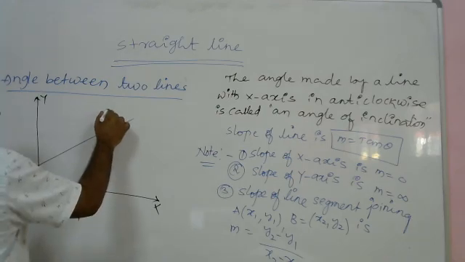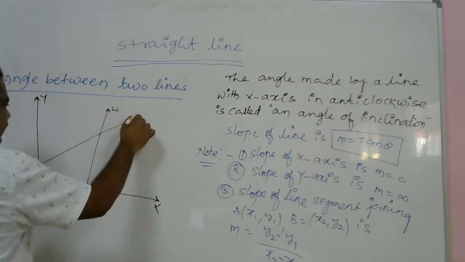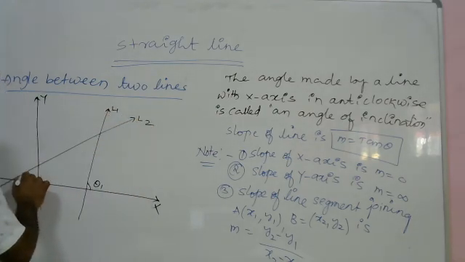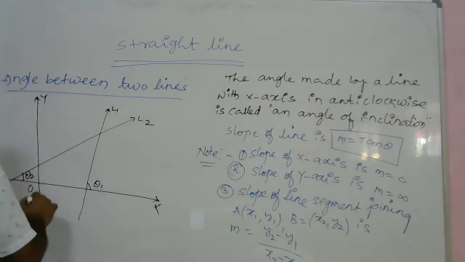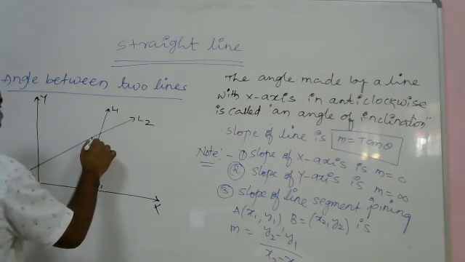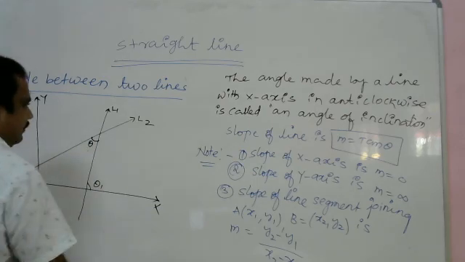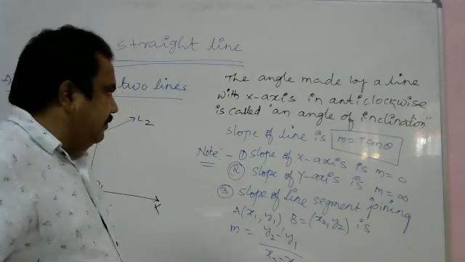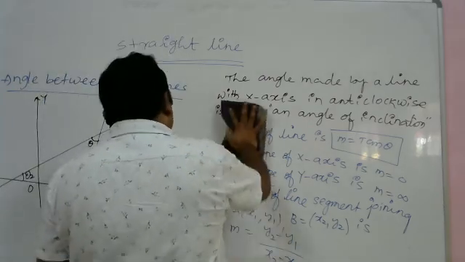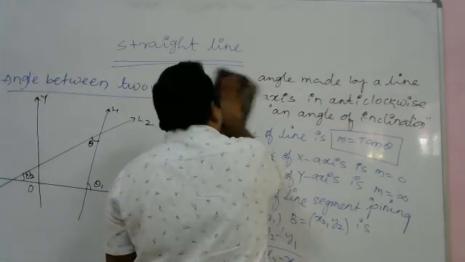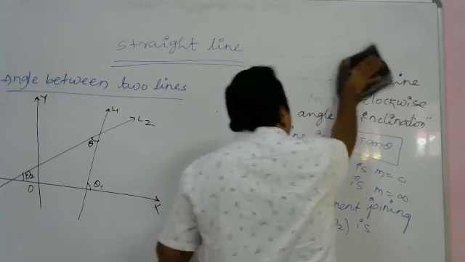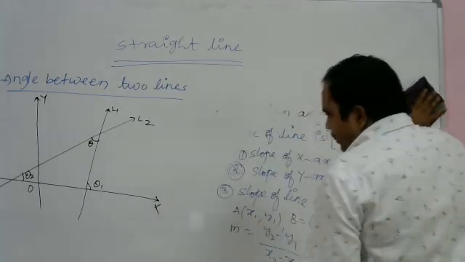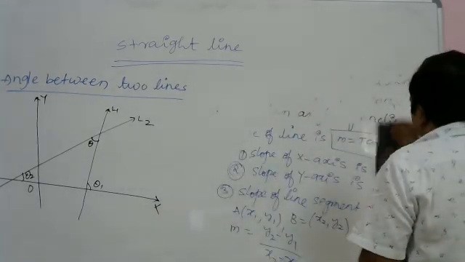This is line L1 and this is line L2 and this is making angle theta 2. So here we are given theta. This theta we have to find out. Now, if you observe this, so angle made by L1 is theta 1, therefore its slope is m1.